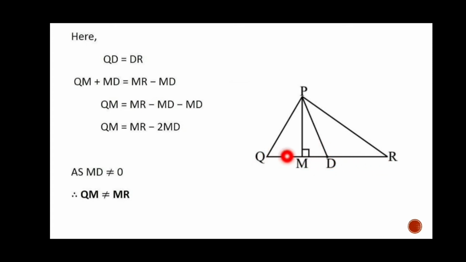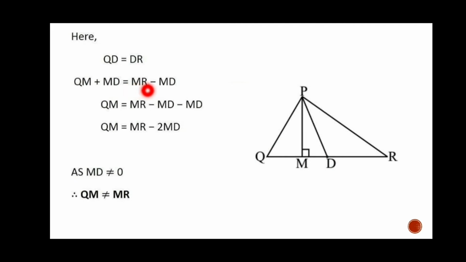So definitely QD will be equal to DR. Now if we rewrite this QD as QM plus MD, and we can write DR as MR minus MD.